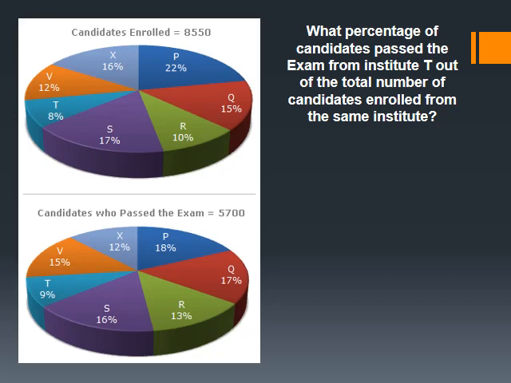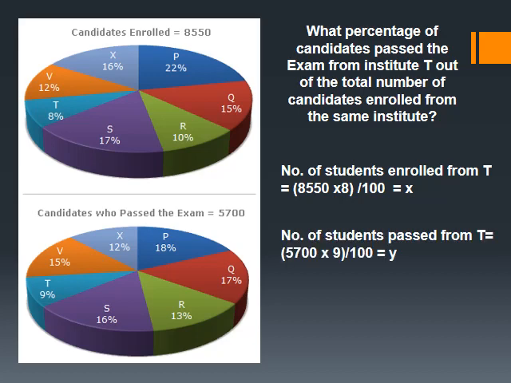So we can see the number of students enrolled from T in the first chart, that is 8,550 times 8 divided by 100. That is how we calculate the number, 8% of 8,550. Suppose we have a number, suppose it is X. Then we have to find out the students passed from the same institute.